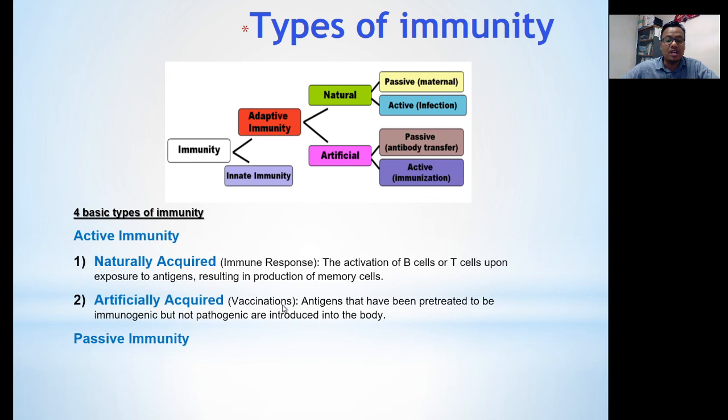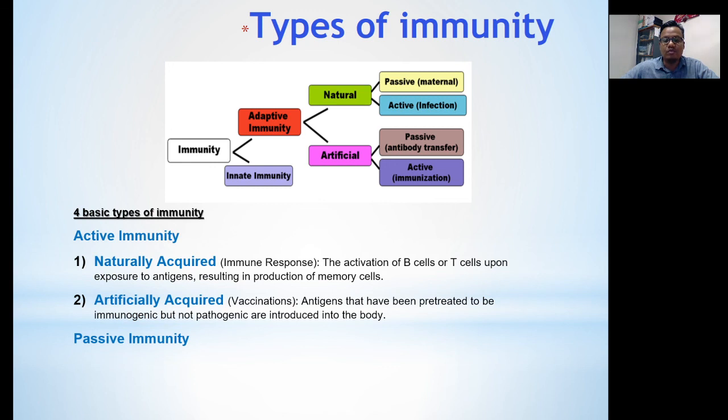That means we voluntarily introduce antigen to our body, so we can develop immunity to that disease. Antigen that has been pre-treated. Of course, I'm still talking about COVID-19, since you have more interest in it.